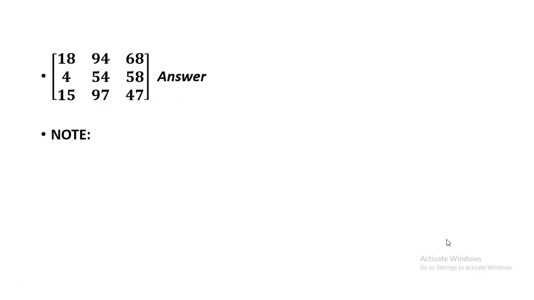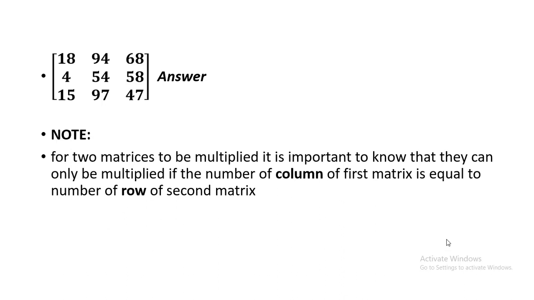Okay, now here's another important note when multiplying two matrices. For two matrices to be multiplied, it is important to know that they can only be multiplied if the number of columns of the first matrix is equal to the number of rows of the second matrix. See, earlier we were multiplying only those two matrices that have the same dimensions.